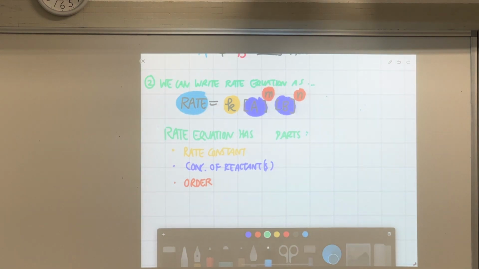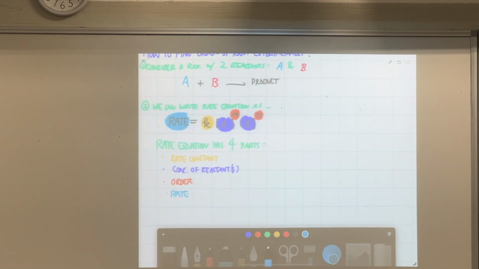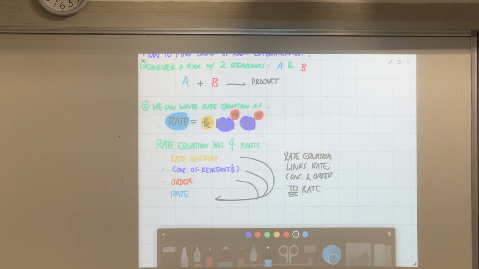So the rate equation links concentration, rate constant and order to rate. They will all affect rate, in other words. That's what rate equation means.